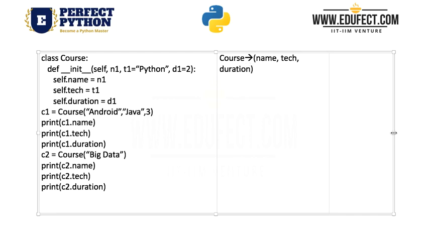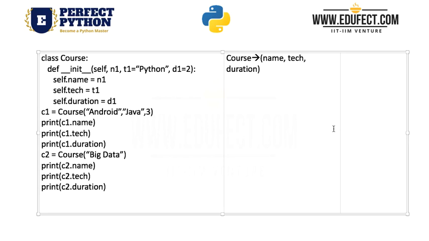Then what do we have here? If we just try and understand a little bit more. So we are saying C1 is equal to course Android Java 3. So now N1 will be Android, T1 will be Java, and D1 will be 3.